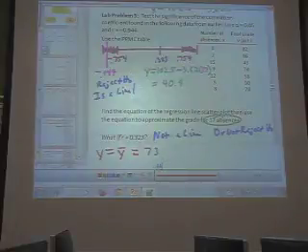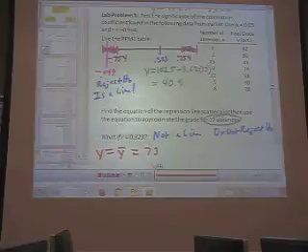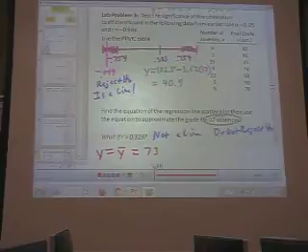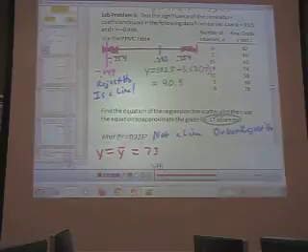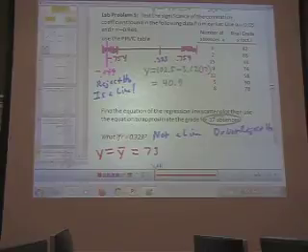Everybody on board? Yes. Just use one-var stats and find your y bar, the average of whatever list you have your y's in. Now if you do one-var stats, it's going to call it x bar, because it calls them all x bar. You know you put y's in there, so it's all good.